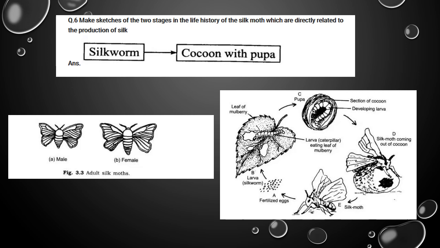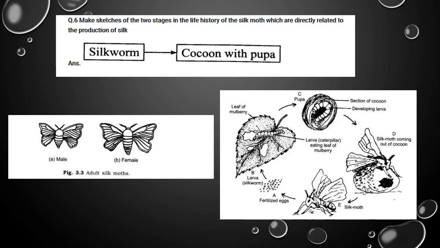Question 6. Make sketches of the two stages in the life history of silk moth, which are directly related to the production of silk. Now, you have to draw the diagram which describes the different stages of silk moth. The first one shows the male and female silk moth, and this diagram shows the different stages.